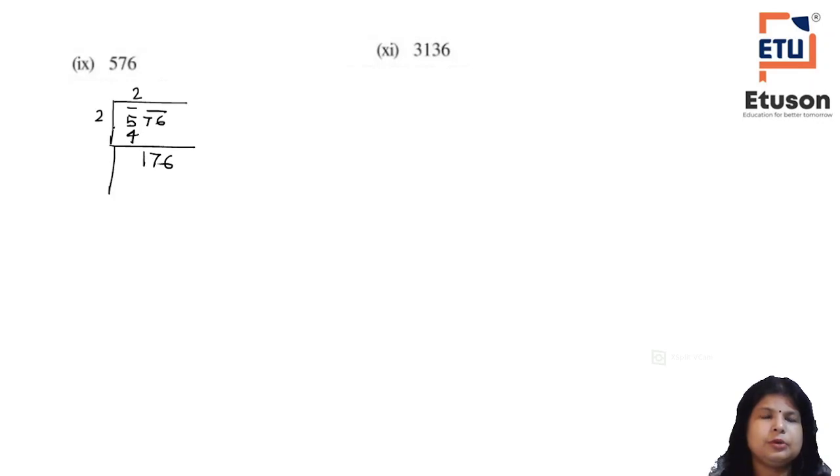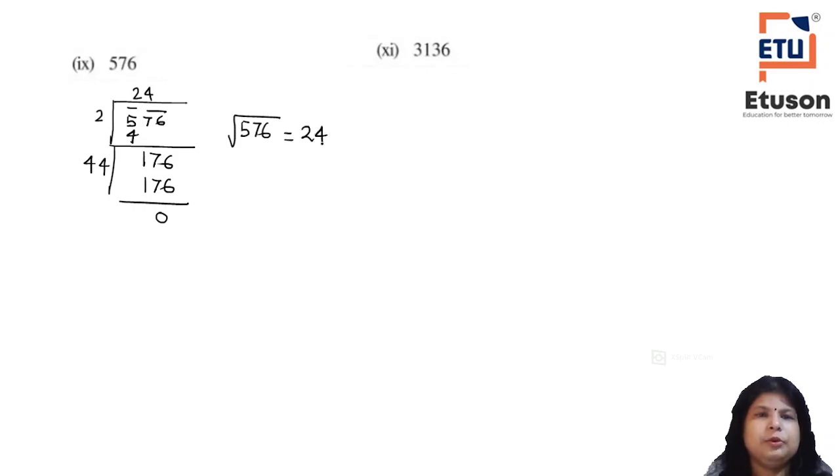Then 2 into 2 is 4. Then you can take 4 again. 44 into 4 is nothing but equal to 176, and you got your remainder as 0. So your square root of 576 will be equal to 24.